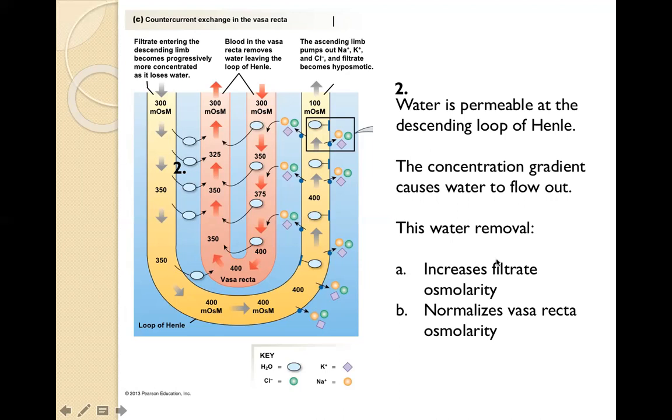So this water removal will increase the filtrate osmolarity and normalize the vasa recta osmolarity. So it started off at 300, it went to 400 because it reabsorbed solute, but now it's going back to normal. And what it does to the descending limb of the loop of Henle is that as water leaves, the fluid in this filtrate is becoming more and more concentrated until it gets to about 400.